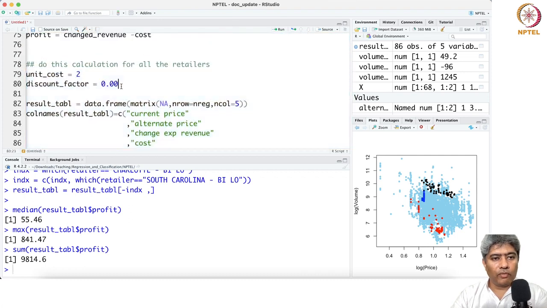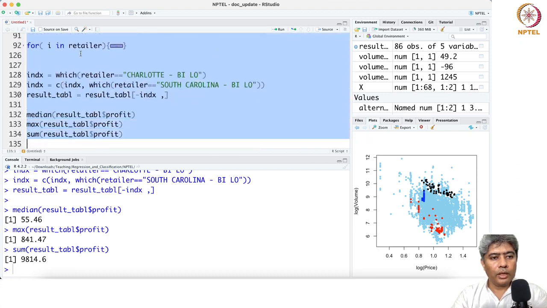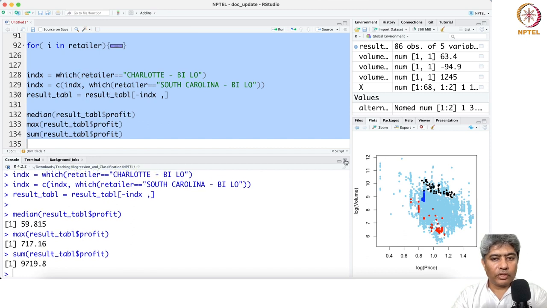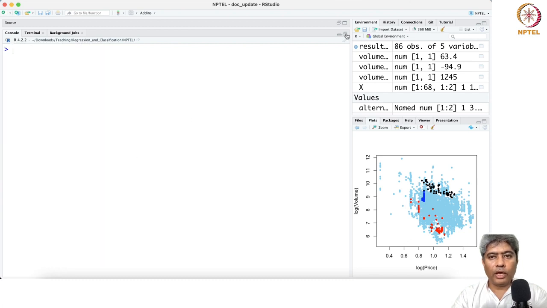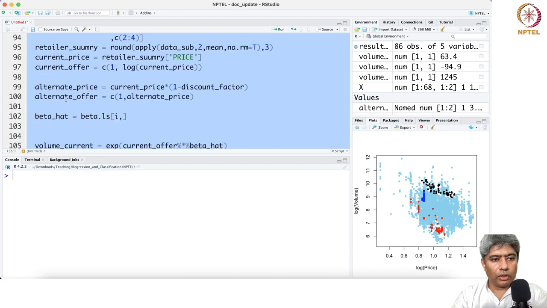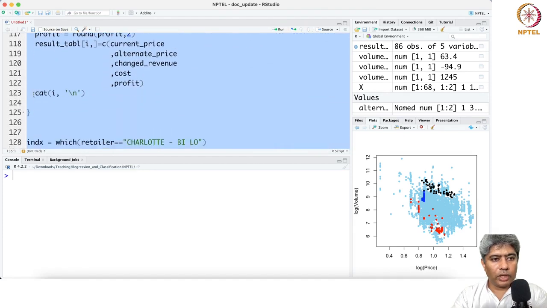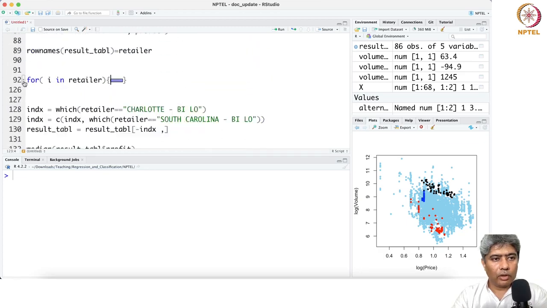Now if I give a 5% discount, then the median profit increased to 59. Actually, let me just do one thing. Let me not print this line, otherwise it's creating a lot of clutter.